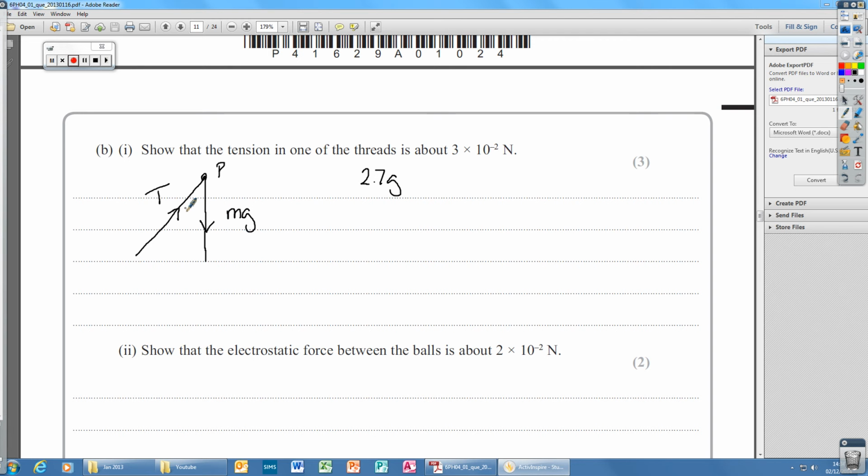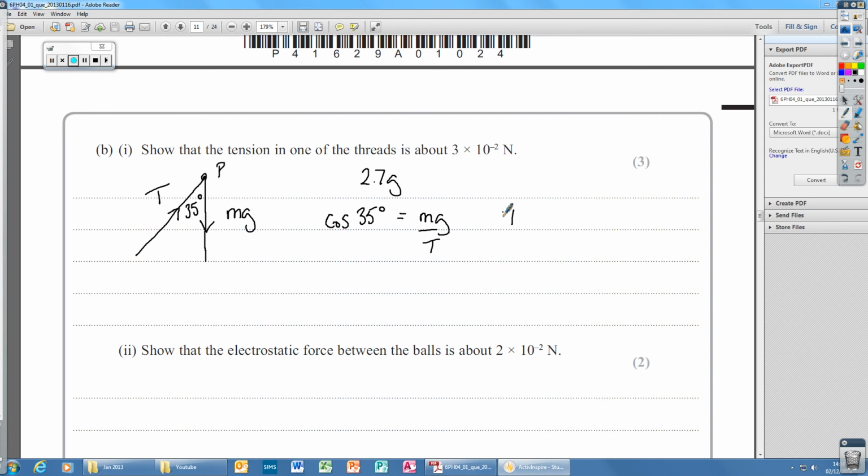Knowing that and the fact that this is 35 degrees, we've got an adjacent and a hypotenuse. So the sensible thing to do would be to use cos theta, and in this case cos of 35 degrees is the adjacent, that's the mg bit, divided by the hypotenuse, the tension.